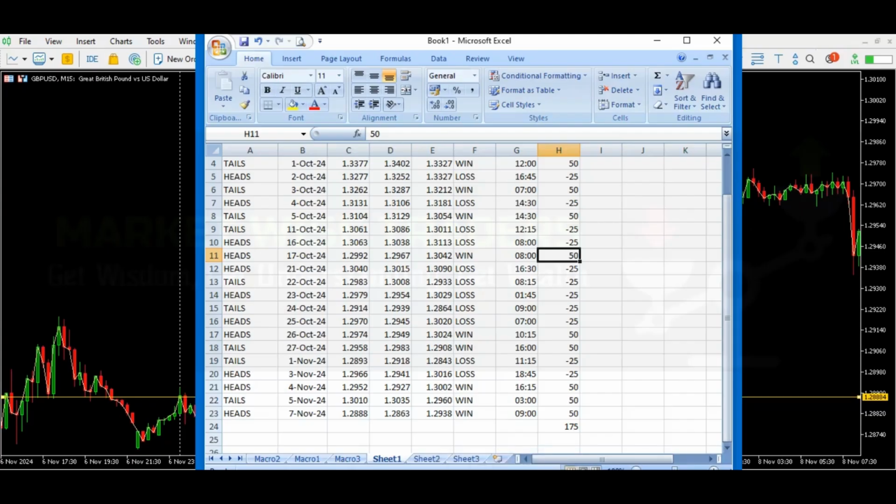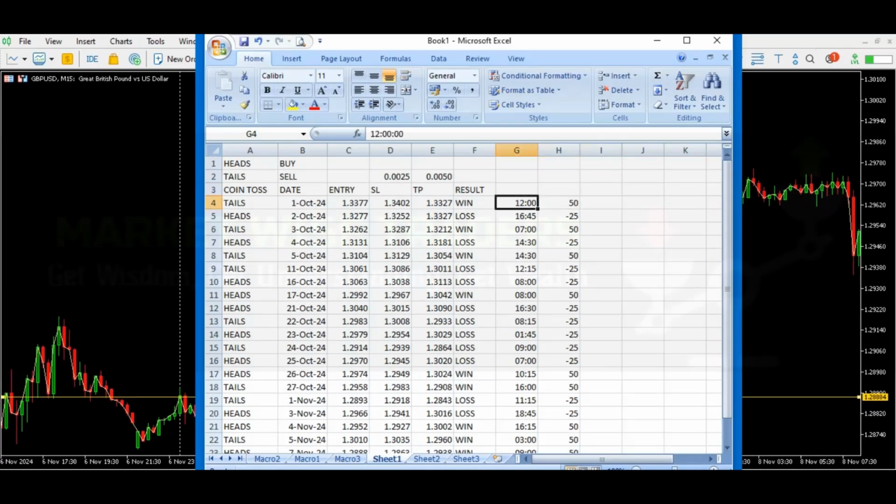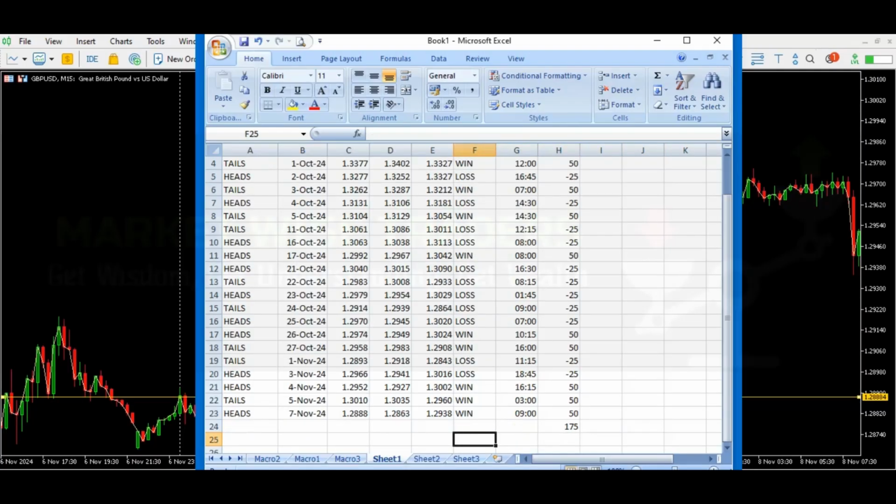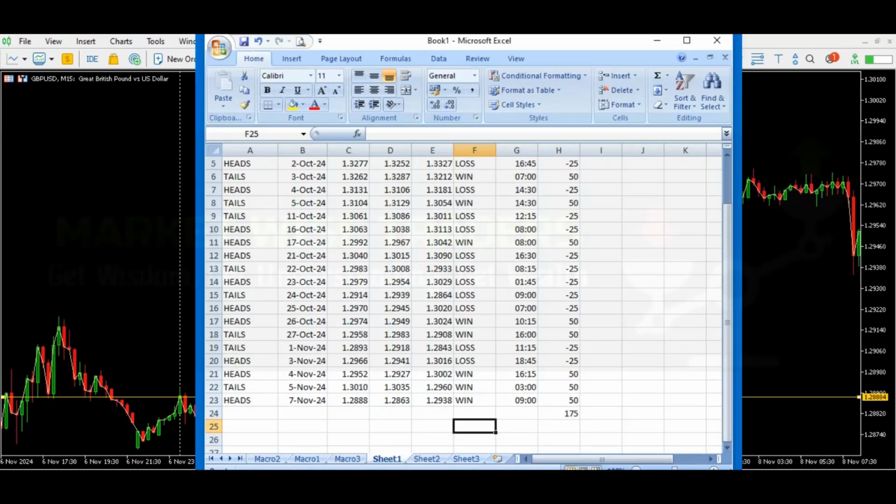So there are strategies which give you a better edge than this, because our win ratio here, let's see, what was our win ratio? How many wins did we have? Let's just count them together. 1, 2, 3, 4, 5, 6, 7, 8, 9. So our strike rate here, we had 9 wins and 11 losses.